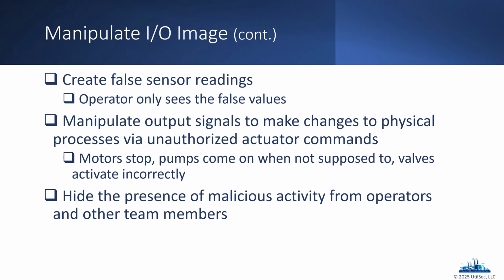Well, what if we can send unauthorized outputs, signals, to make changes in the real world? So yeah, and Lab Shock, and there's a couple other examples that we have in the class.